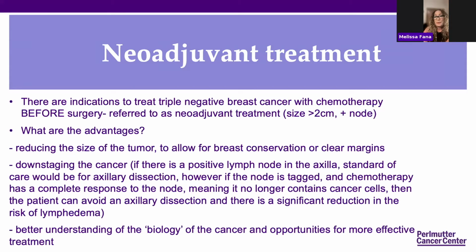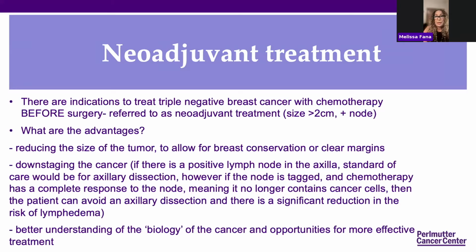So if there is an opportunity to give chemotherapy before surgery, it is an advantage because we can see what happens to the cancer after we have a mammogram, ultrasound, probably even an MRI showing us the size of the tumor, et cetera, if the tumor is 2 centimeters or greater.